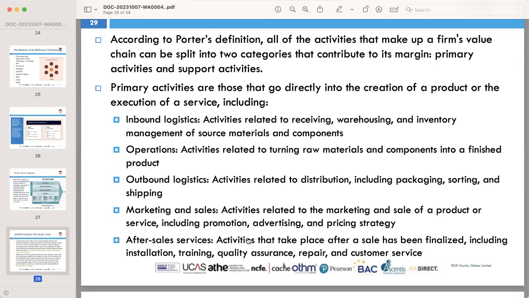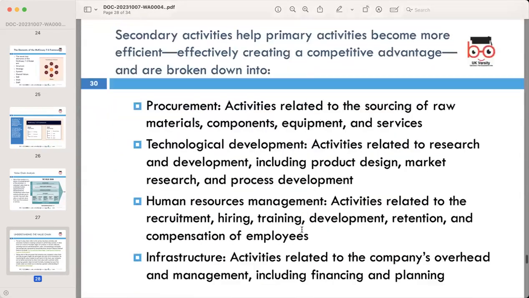When we talk about support activities, they include procurement, technological development, human resources management, and also infrastructure. Each of these activities contributes to the overall value created by the company. Any questions or any comments, if anyone is there?